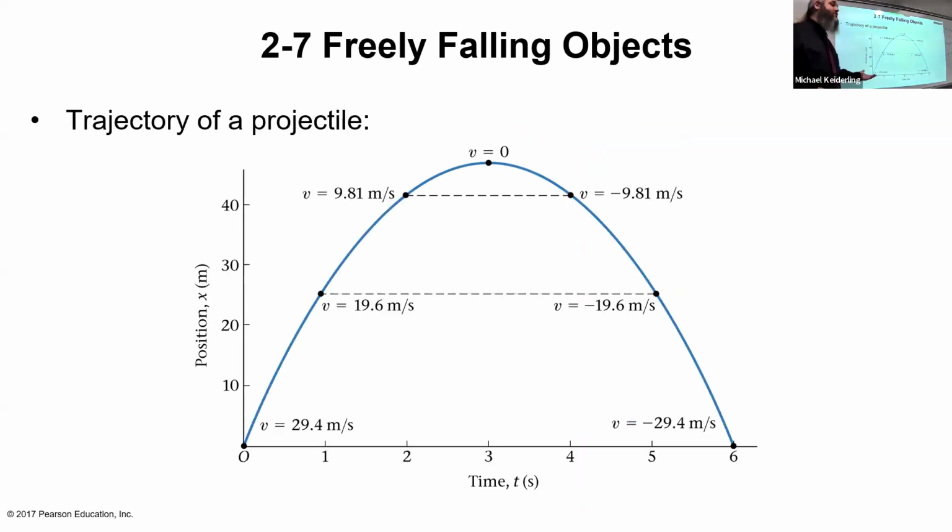Additionally, if you throw something up, it's going to slow down and come back down to your hand. And that process is symmetrical. It takes the same time to go up as it does to go down. This is a parabola in position versus time.